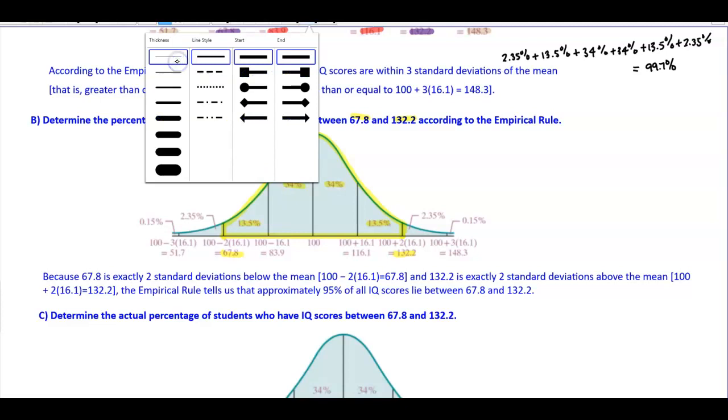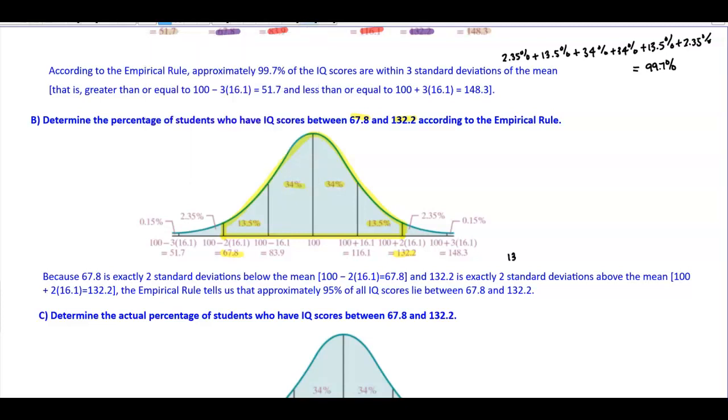When we add those together, that gives us approximately 95%. Because 67.8 is exactly 2 standard deviations below the mean, and 132.2 is exactly 2 standard deviations above the mean, the empirical rule tells us that approximately 95% of all IQ scores lie between those two scores.